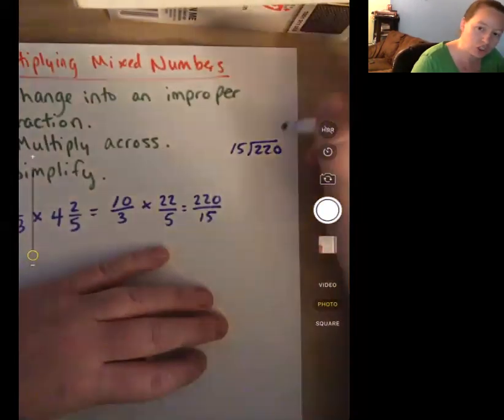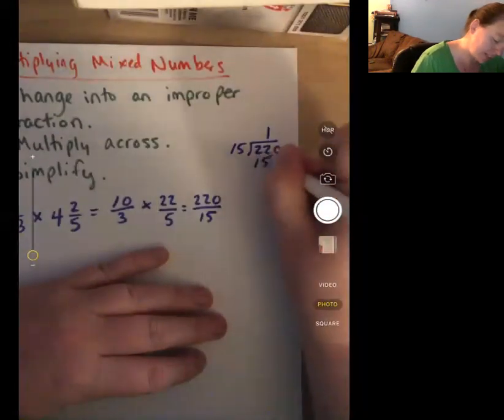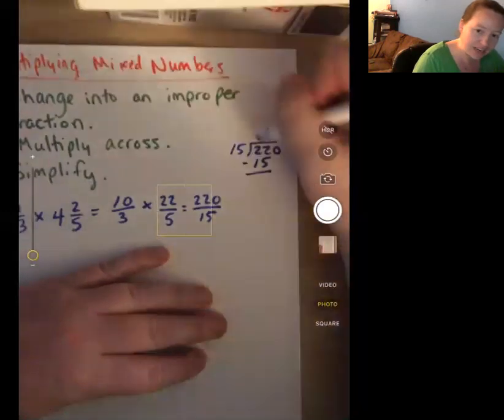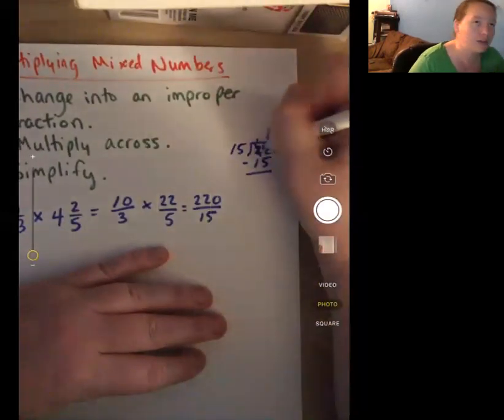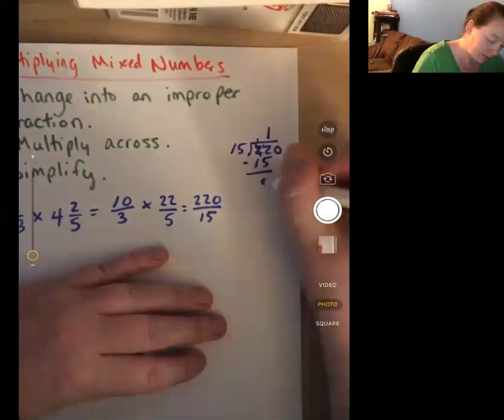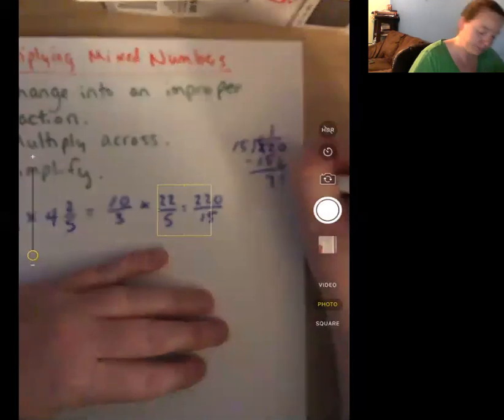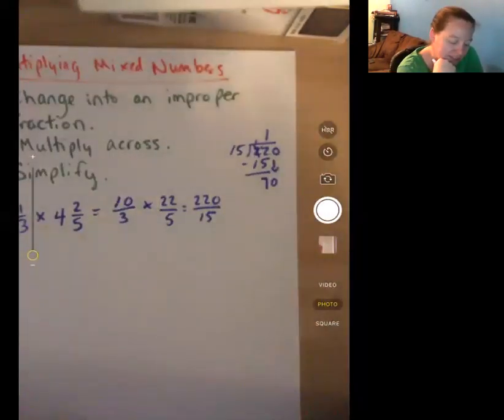15 goes into 22 one time because 1 times 15 is 15. I cannot take a 5 out of a 2, so I need to borrow. 12 minus 5 is 7. Bring down the 0. How many times does 15 go into 70?